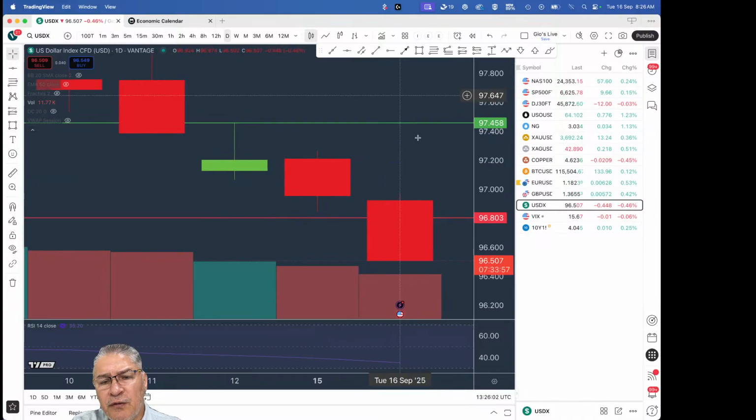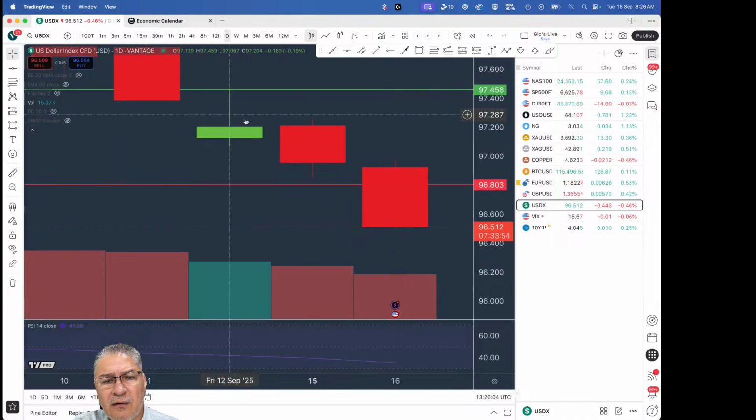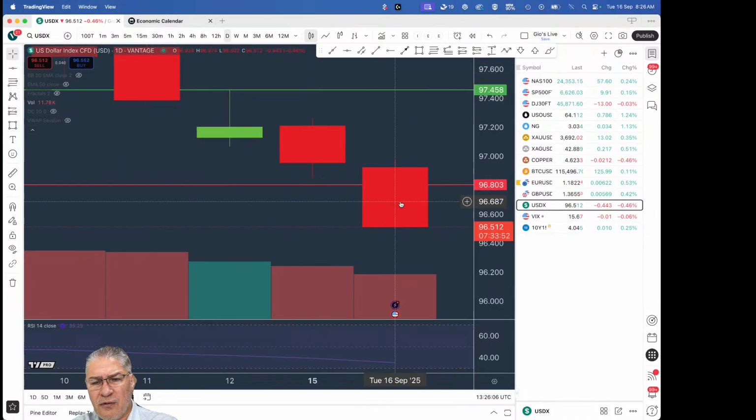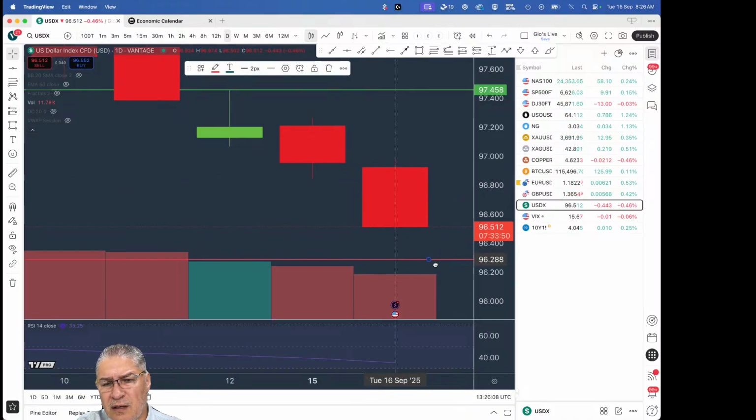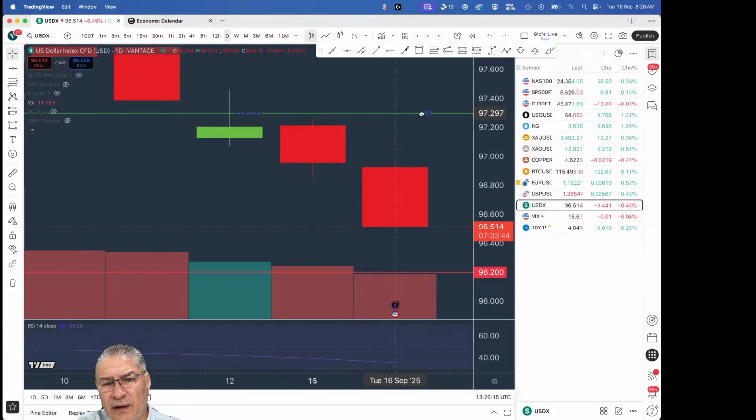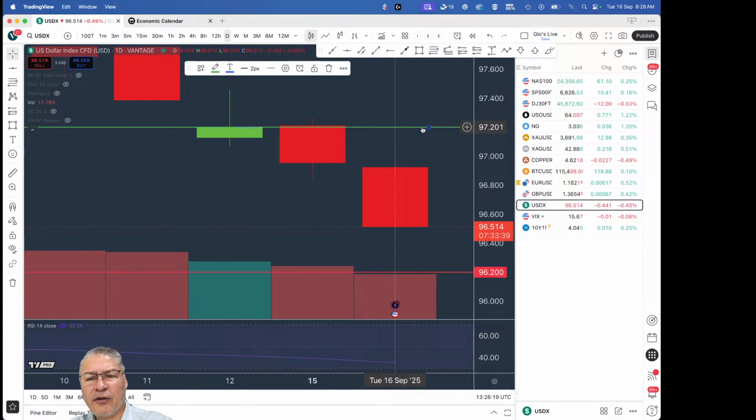All right, so we see that the dollar index is plummeting, continuing to lose ground. As it continues to fluctuate to the downside, 96,200 is what I'm thinking. It'll find some support, and I'm going to do an entire dollar range for the dollar index.